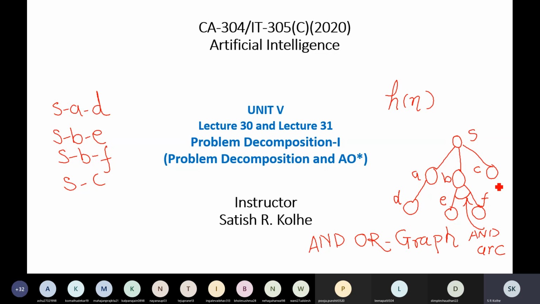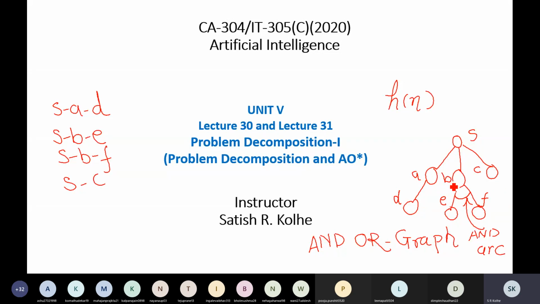This decomposition is also called reduction. Therefore in some books you will find such techniques called problem reduction techniques that generate arcs that we call AND arcs. One AND arc may point to any number of successor nodes, all of which you should solve in order for the arc to point to a solution.